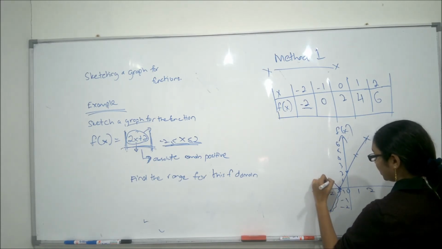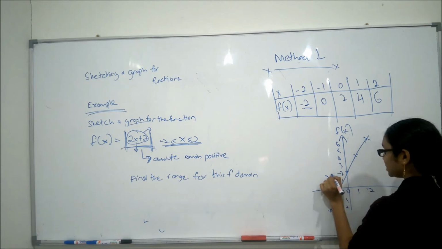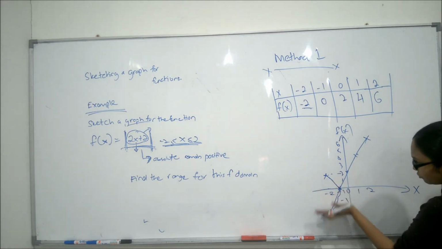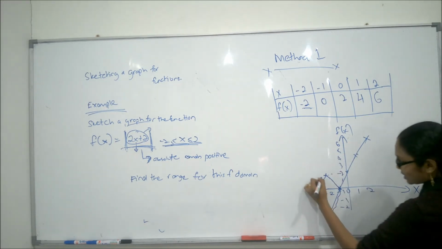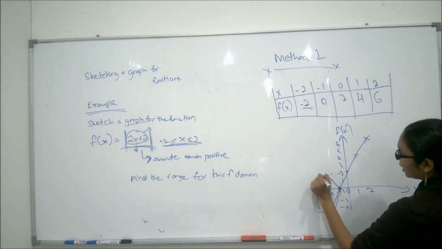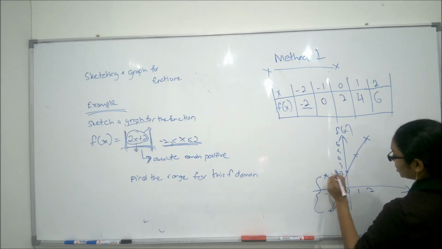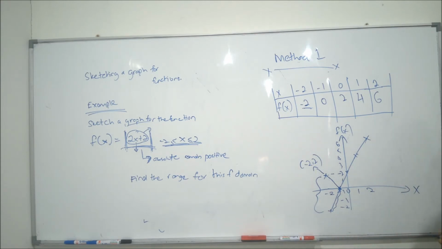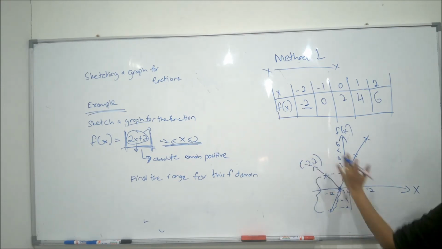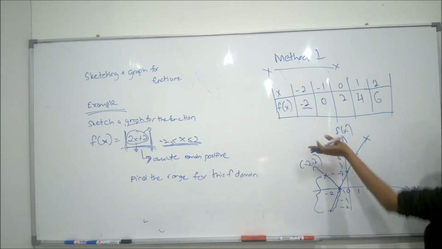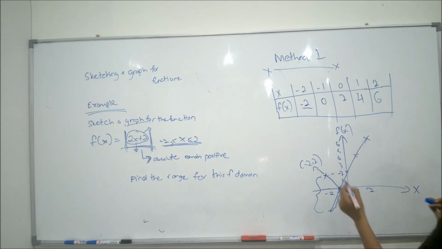So here you will get something like this, -2 and 2. You have reflected this portion of the graph above, an exact mirror image. So your new coordinate here would be -2 and 2. Got it? You have just reflected this particular portion of the graph above. So therefore, this is a modulus graph.